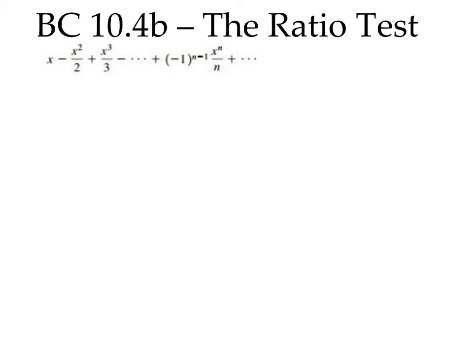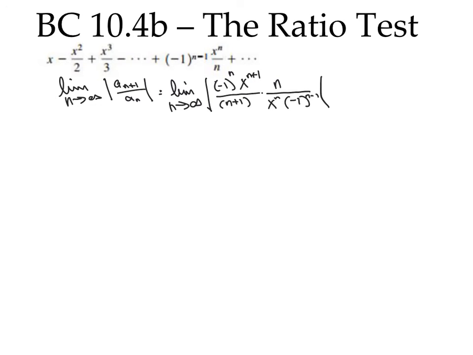So here's the series we're looking at, and the first task was to use the ratio test to determine the radius of convergence. Again, as I mentioned I would, instead of first dividing then multiplying by the reciprocal, I just did a sub n plus 1 times 1 over a sub n. Because I'm taking absolute values, those negative 1 to the n minus 1 and negative 1 to the n cancel, and I wind up with the limit as n approaches infinity of x to the n plus 1 over x to the n, which is just x, times n over n plus 1.